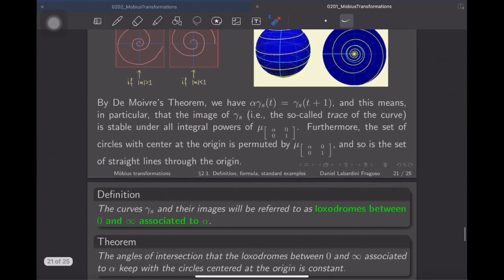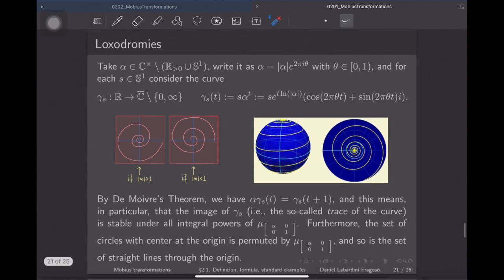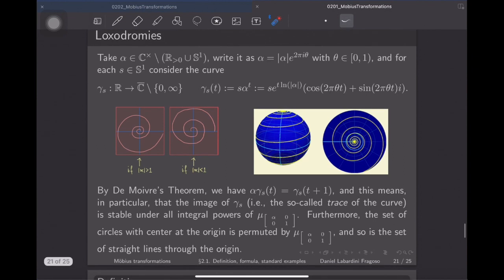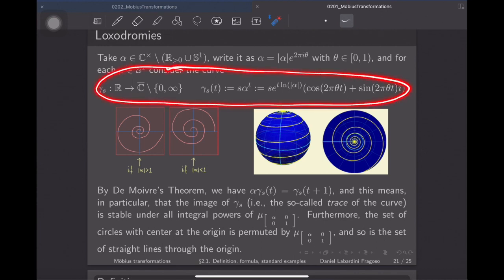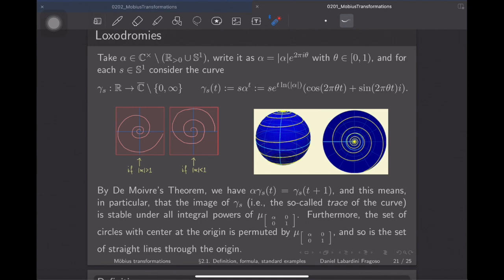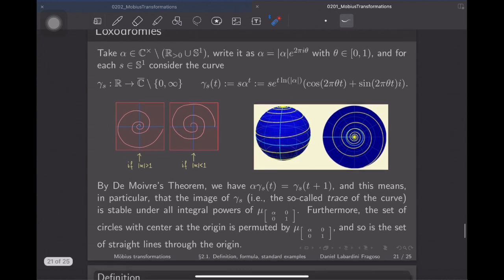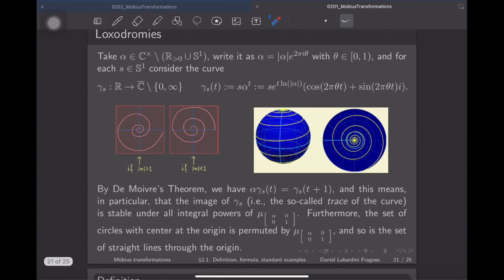And finally, in the case of loxodromies, we saw these spirals. Each of these spirals, defined by this formula, is stable under all integral powers of multiplying by alpha. And the circle centered at the origin, the image of one such is always another such.